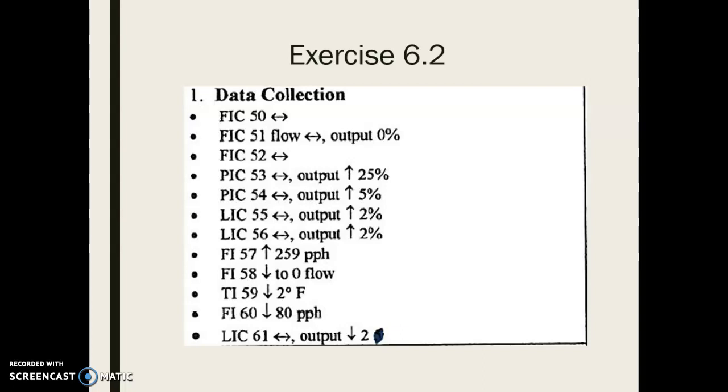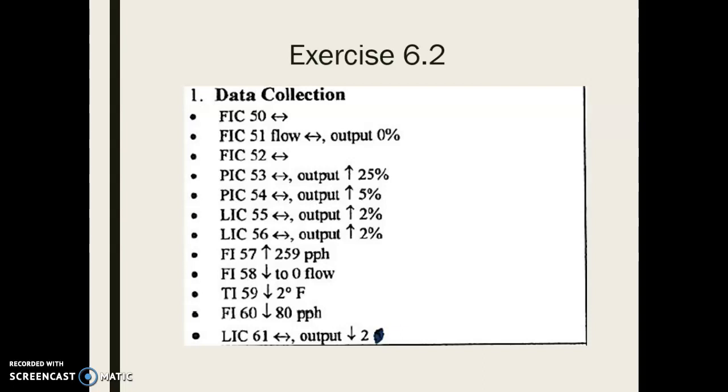I'm sorry, there must be a typo in there. FI 57 is your rich absorbent flow to D2, for the stripper, where it's going into the stripper. And then FI 58 is down to 0. FI 58 is your absorbent makeup flow, so there's a problem there.